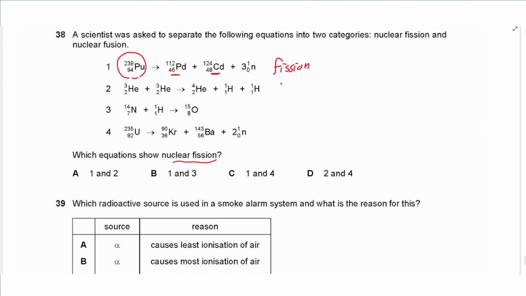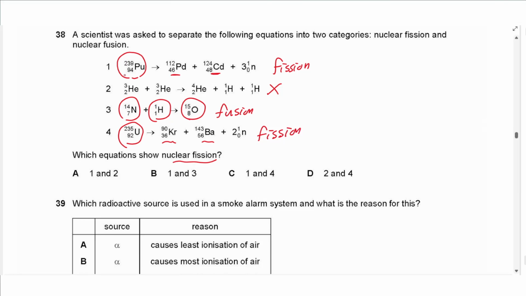This does not make sense. Nitrogen and hydrogen form oxygen. This is fusion, not fission. The last one, uranium, splits into krypton and barium, that's splitting. So this is actually fission also. So it's 1 and 4. So the answer is C.